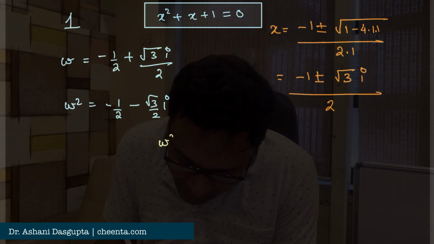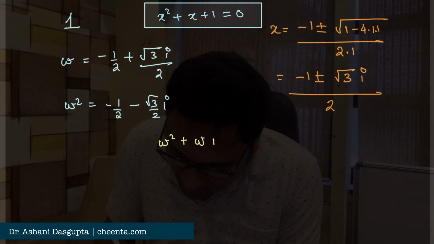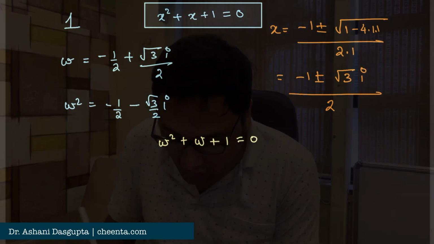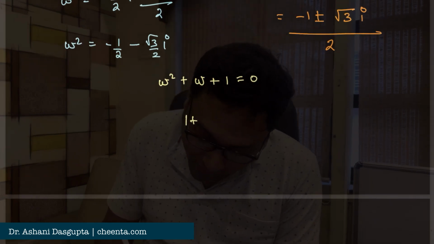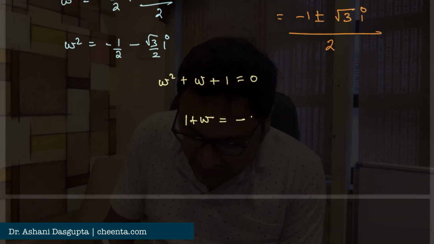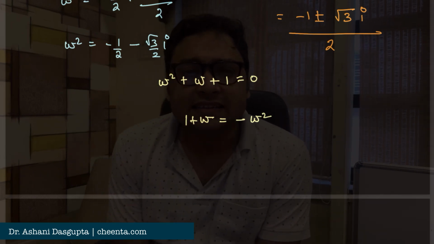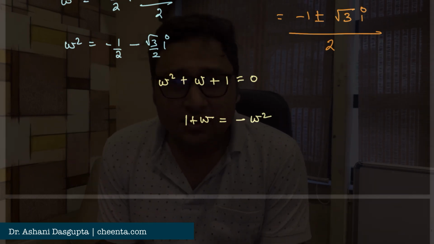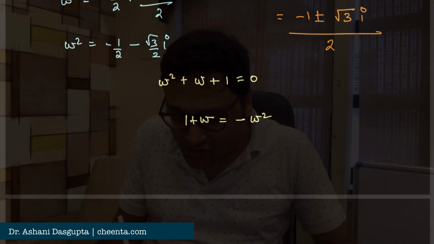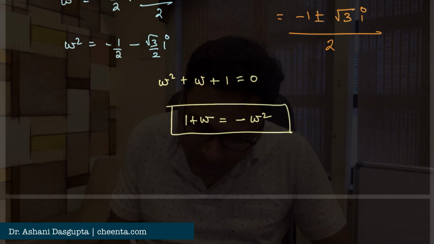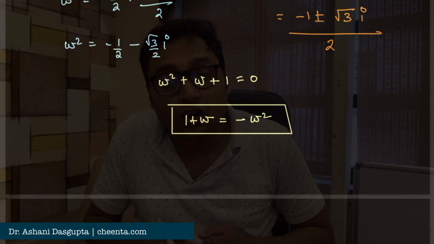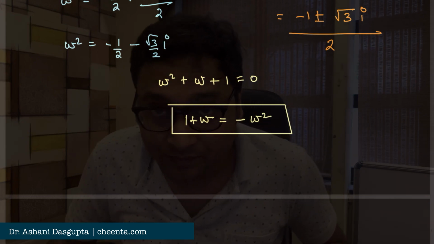So omega square plus omega plus 1 is equal to 0, or 1 plus omega is negative omega squared. This is an equation that we will be using a lot in this particular problem.